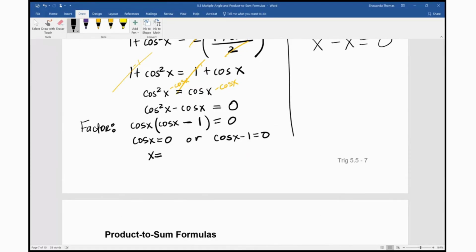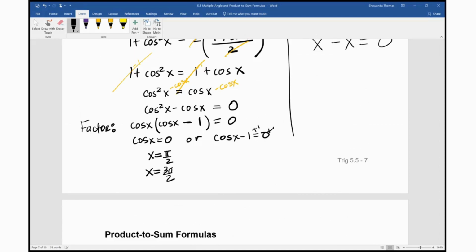When is cosine 0? On the unit circle, when x equals pi over 2, okay. What else we got? 3 pi over 2.